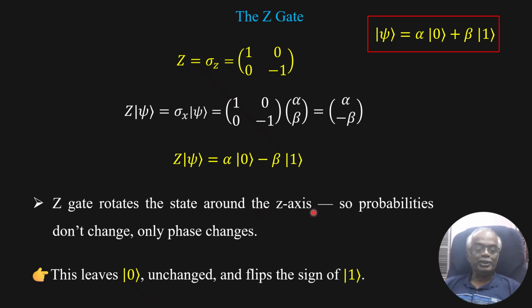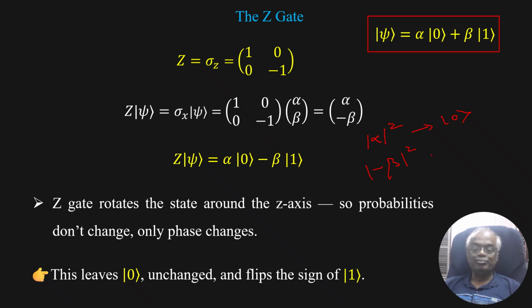The probability does not change, only the phase changes. If you take the probability, for ket 0 it is modulus alpha squared, and for ket 1 it is modulus minus beta squared.